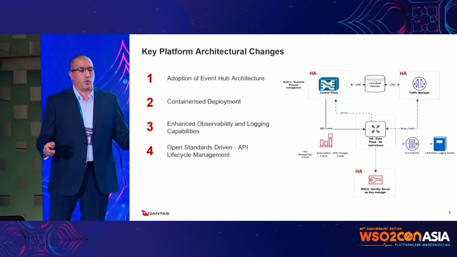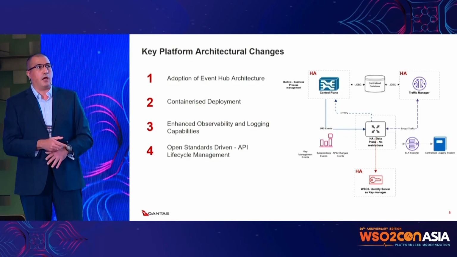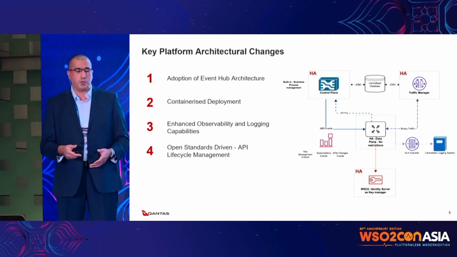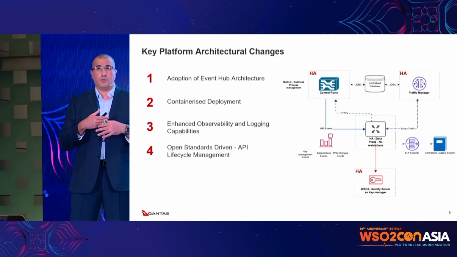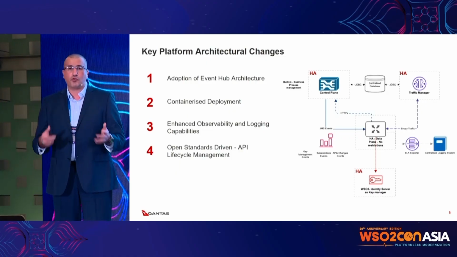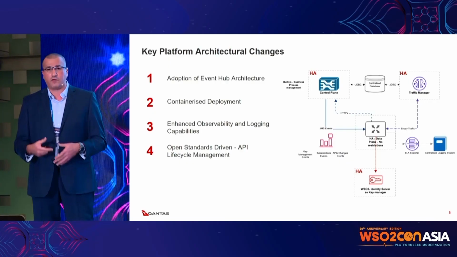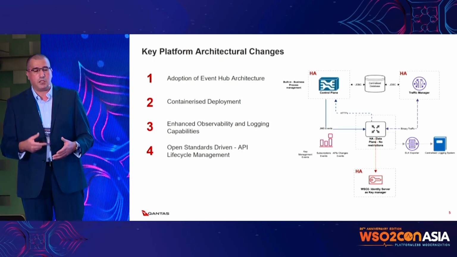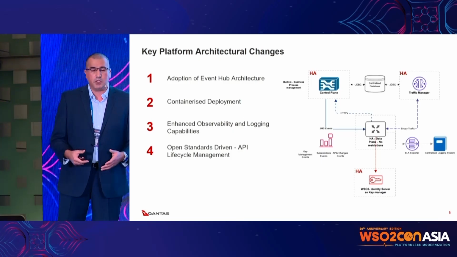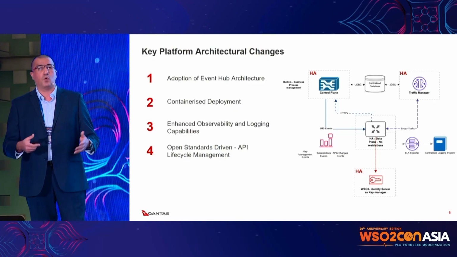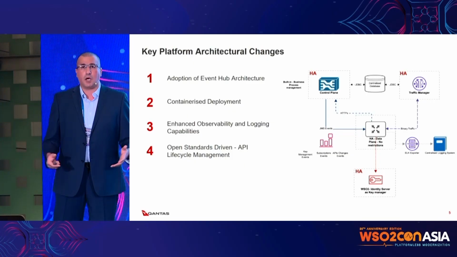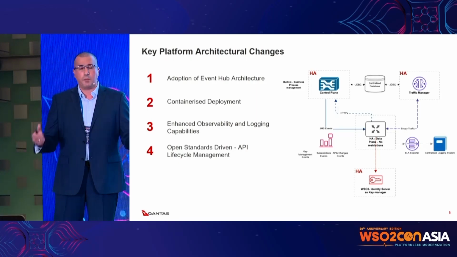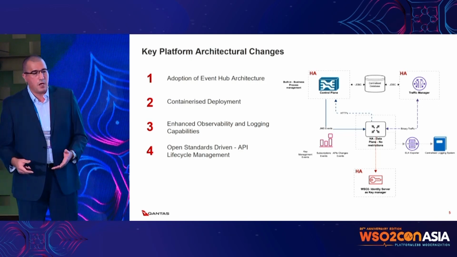The key changes we are going to talk about today are the adoption of the Event Hub architecture in the WSO2 API management product, how we used the WSO2-based images for container-based deployments of the platform, how we enhanced the observability and logging capabilities within the platform, and also how we extended our support for open standards in all the APIs onboarded to the platform.